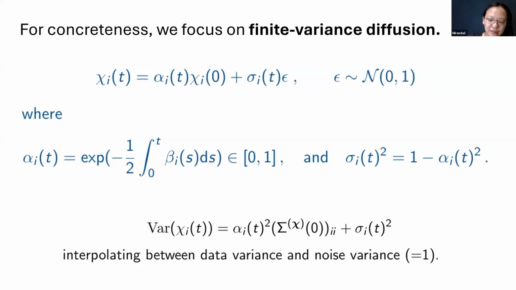In particular, you can see that it is indeed finite variance as usual. You can compute the variance and it's going to be given by the original data variance, okay? And it interpolates between the data variance and 1, because remember that alpha squared and sigma squared add up to 1.